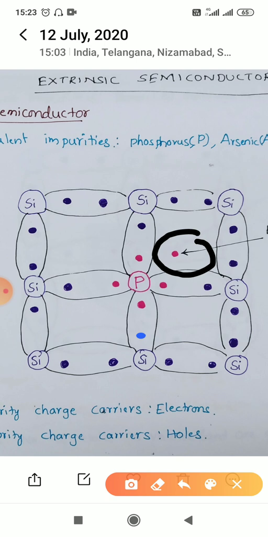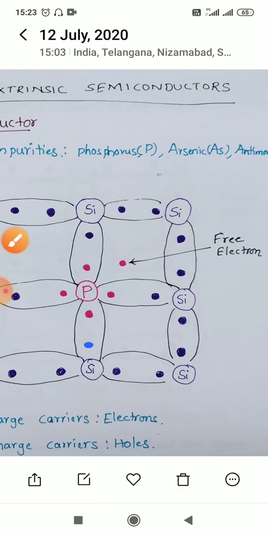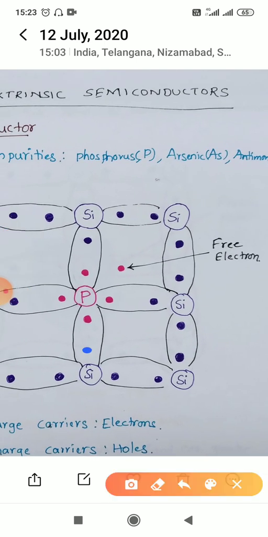All the surrounding atoms have already formed 4 bonds. So one electron is left unbound, and we call that electron a free electron. As it is unbound, it can go anywhere it wants.